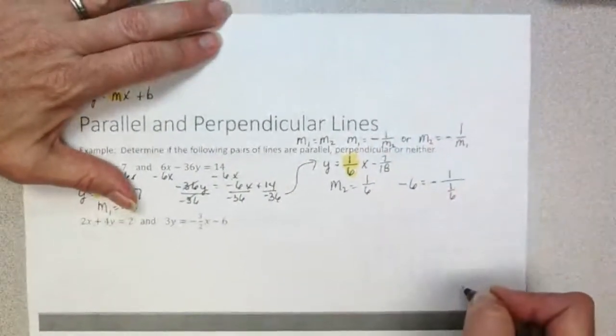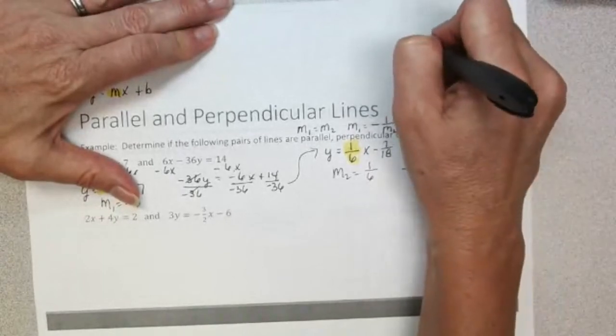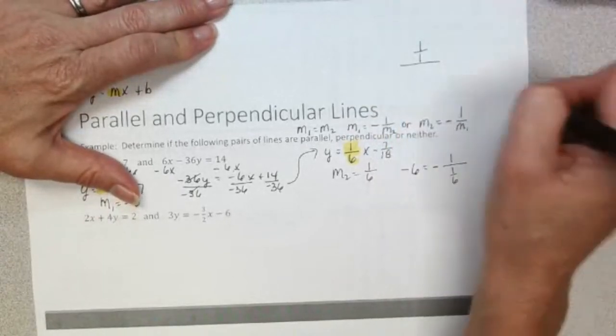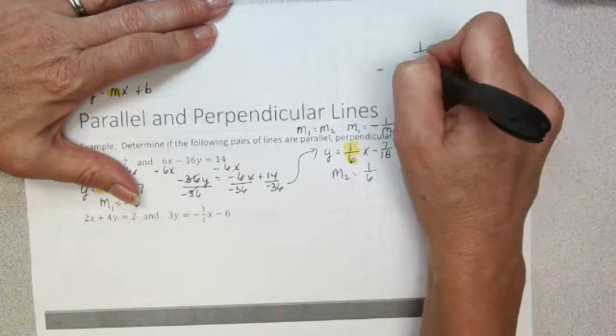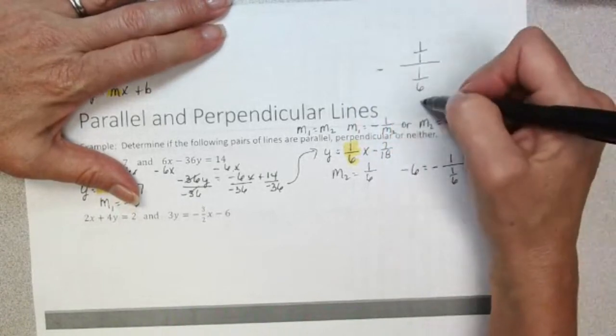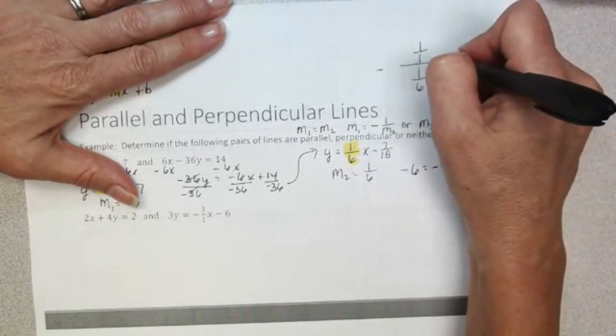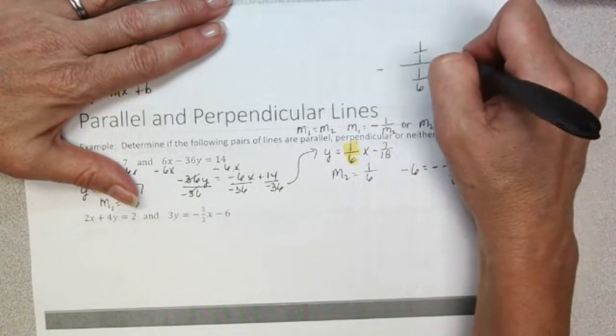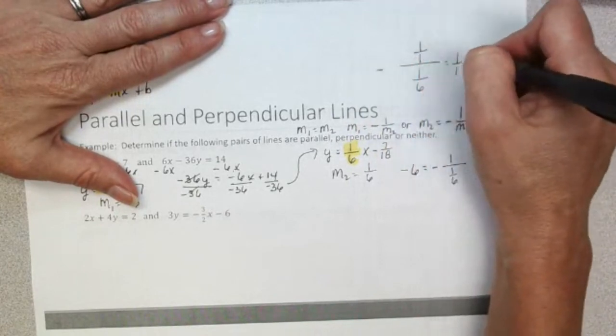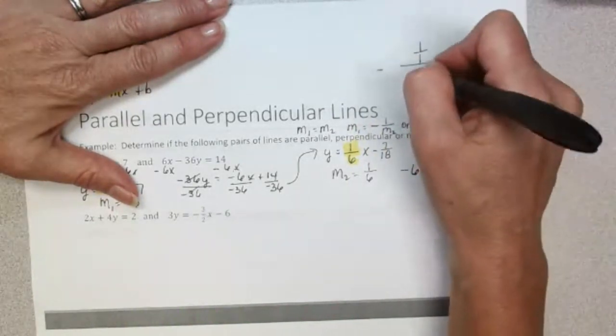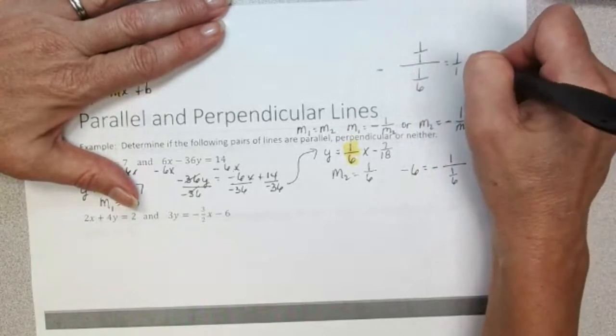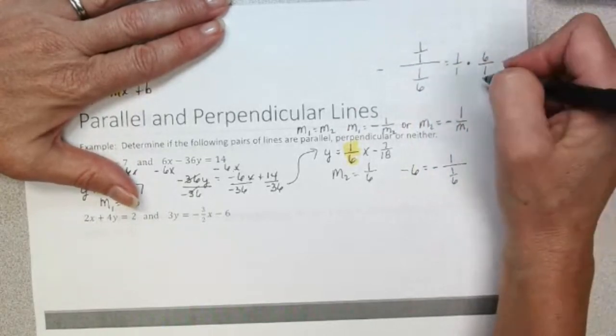If we have negative 1 divided by 1/6, that's kind of like negative 1 over 1 divided by 1/6. So that's a fraction divided by a fraction. Remember how to divide fractions? You keep the first fraction, change the sign to multiplication, and then flip the bottom fraction. Change, flip. Some of you might have learned that.